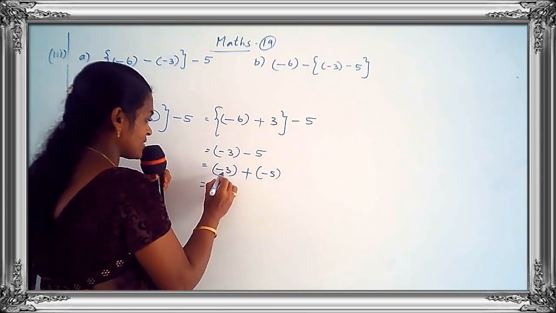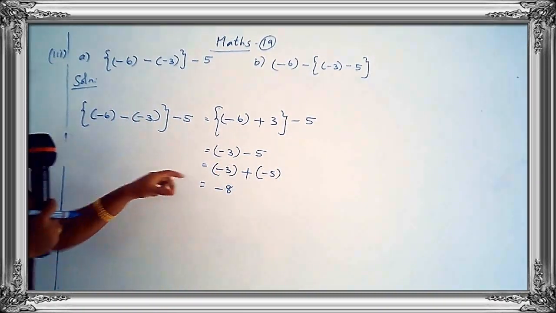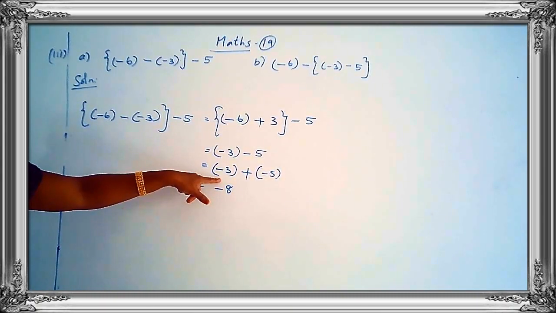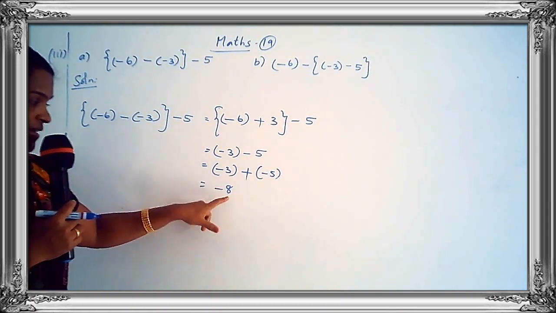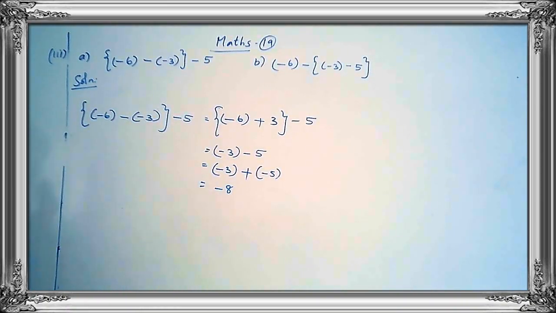So your answer is minus 3 plus minus 5 is equal to minus 8. How? You see here same sign. If the integers have same sign, we add the absolute values and put the same sign. Okay, children, so that's why 3 plus 5 is equal to 8, minus sign. So your answer is minus 8.